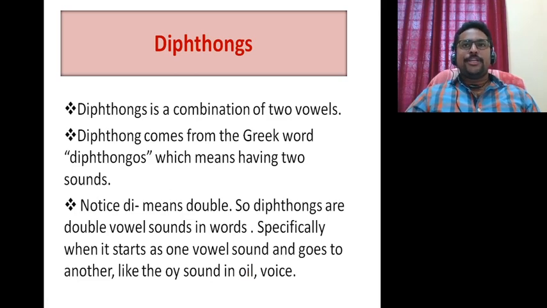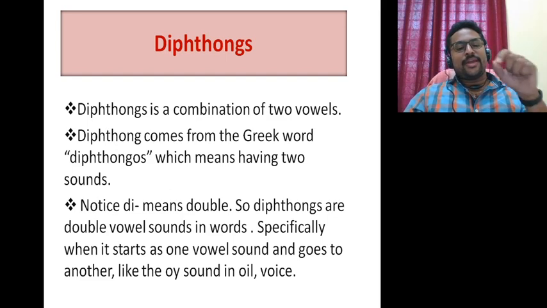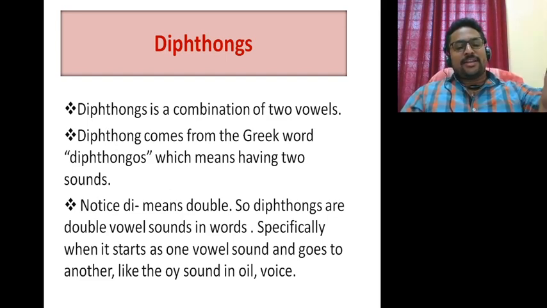In voice, o and e are coming together. That's why we call them diphthongs. One sound is generated at a particular place on our tongue and it glides and ends at another sound.